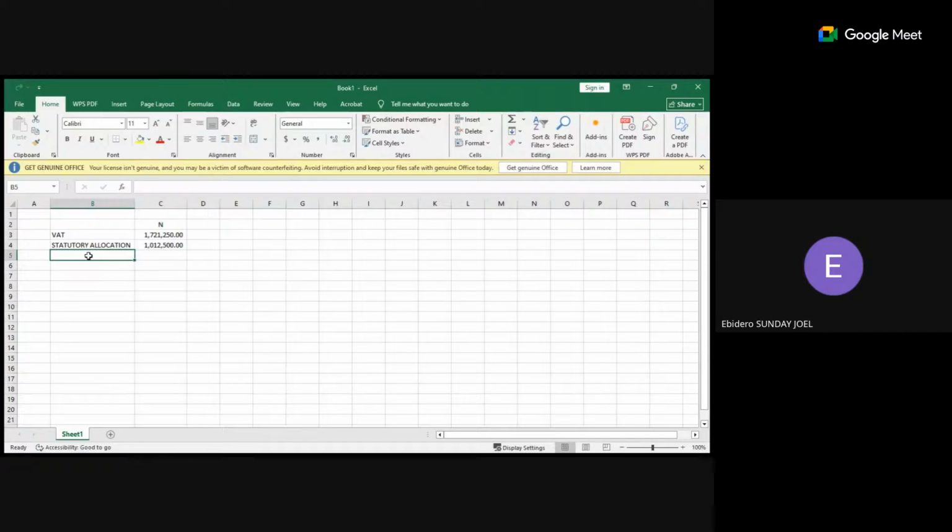Miscellaneous revenue. $281,250. Personal income tax, direct tax.